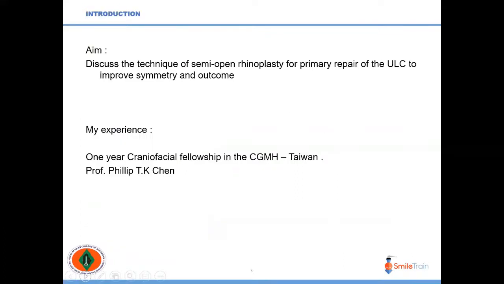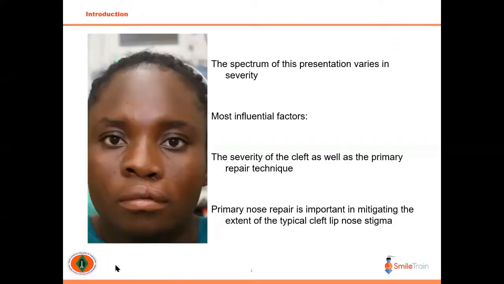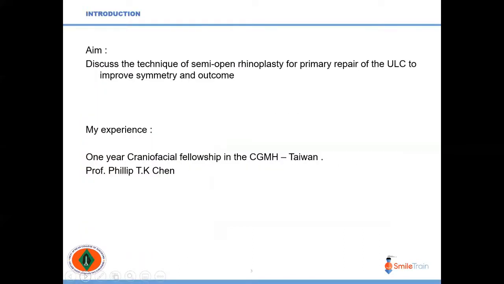We have no control over the severity of the cleft. However, we do have control over the technique. Hence, my aim of this presentation is to share my experience with you on a technique which I found to be very helpful in mitigating this effect.